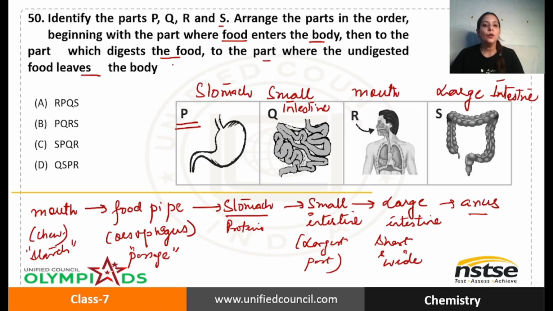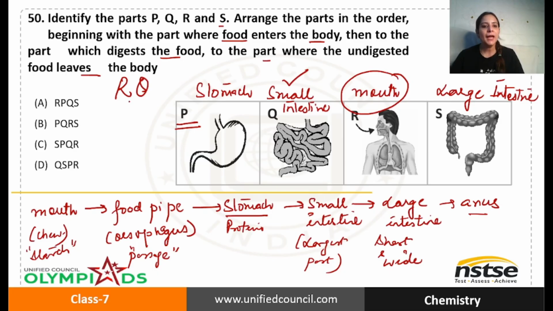Now, we have to answer in the order beginning from where the food enters the body. Obviously, out of these four, the food enters through the mouth. So first comes R. Then the part which digests the food, where food is completely digested, is the small intestine. So comes Q.